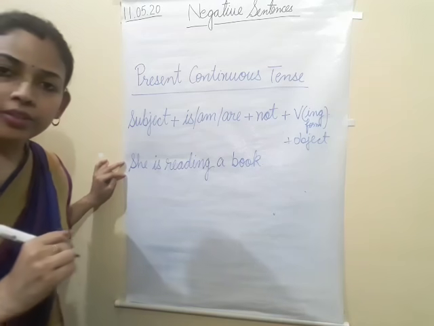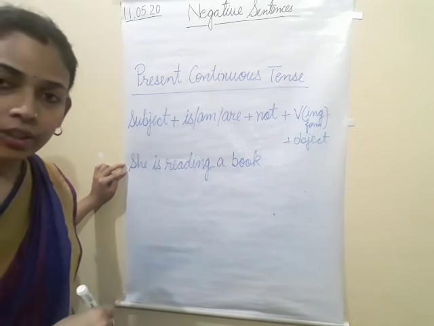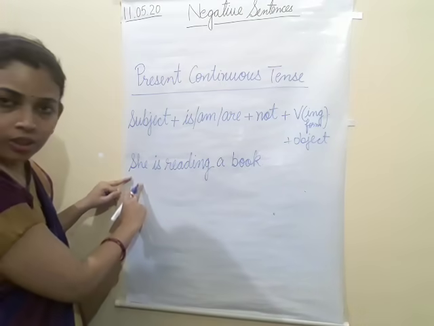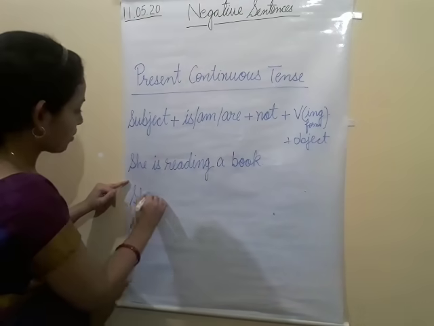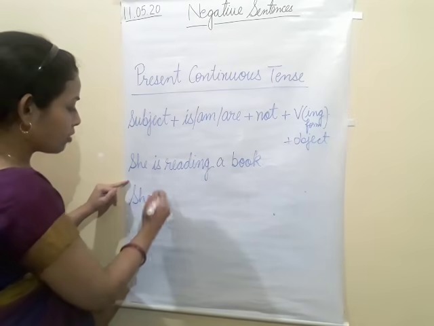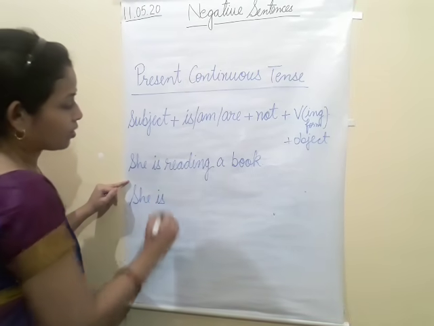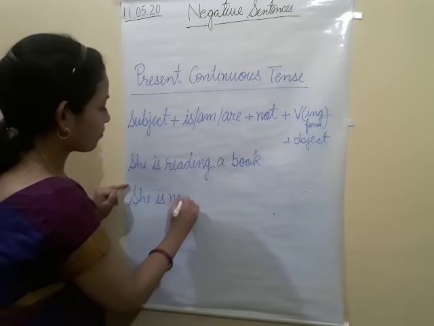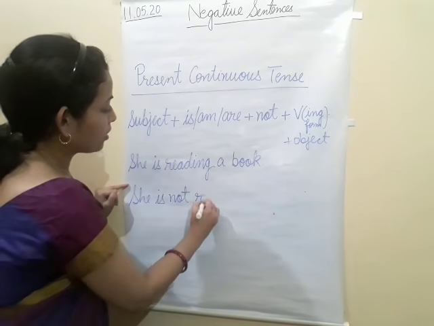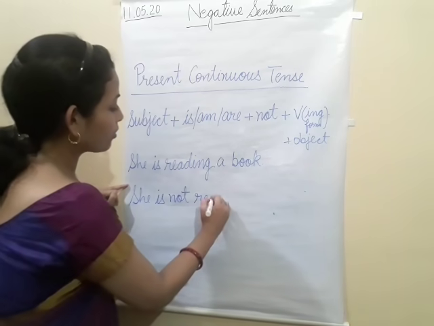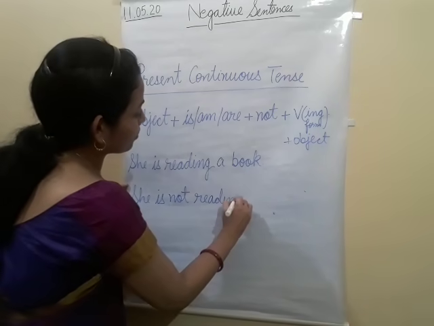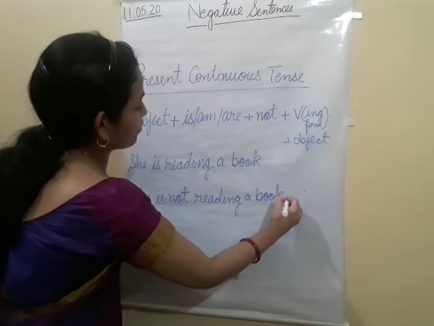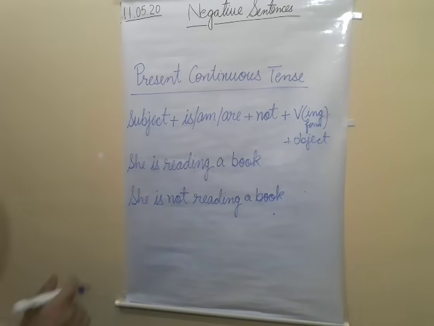So this is the positive sentence. How do we change it into negative? We will follow the structure. What is the subject here? She. Subject she, then we use is. After is, not, then it will be the same. She is not reading a book.